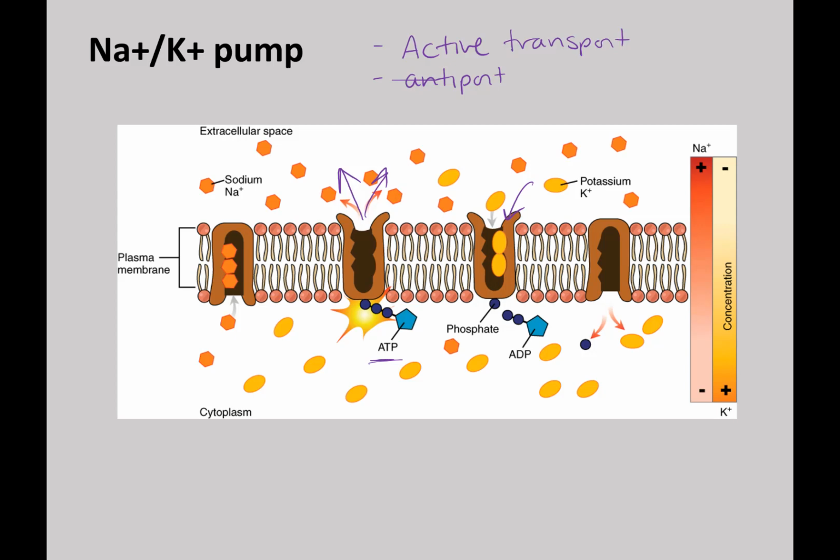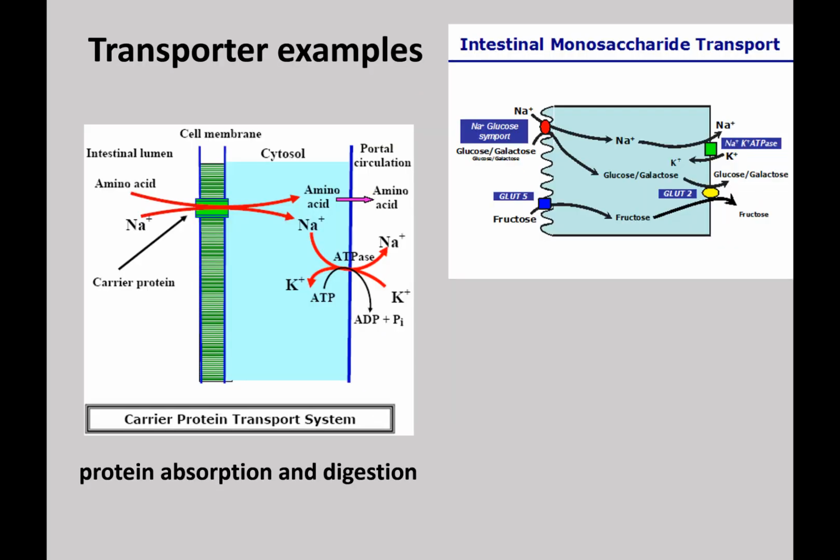So the next few slides I want to show you are just some examples. These are not things you need to memorize, but these are examples of transporting, and you might see an example on an exam or a quiz, and I might ask you to describe that type of transport. So for instance, you have amino acids and sodium ions coming in, doesn't show any ATP, so this is facilitated diffusion.